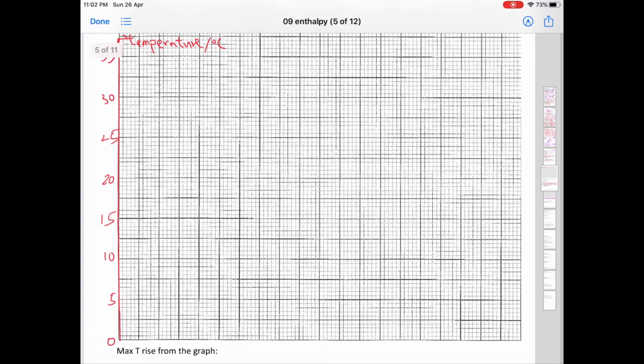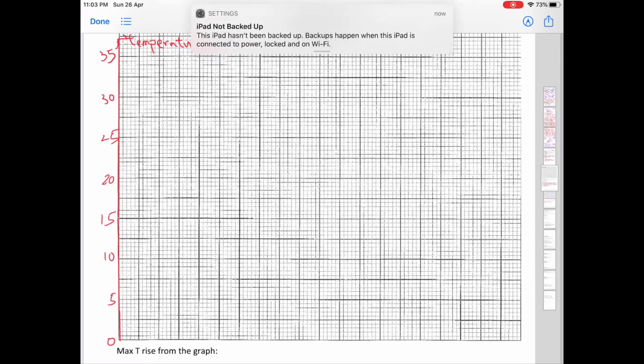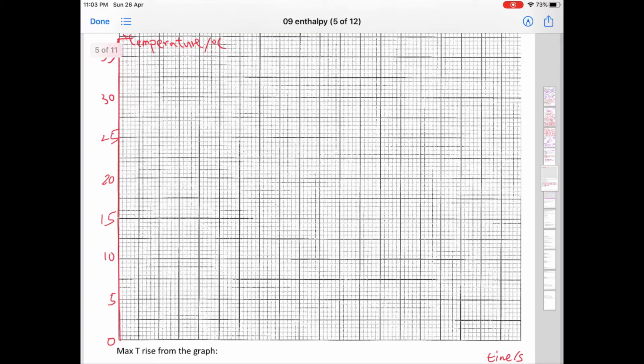Similarly for the horizontal axis, we use time in seconds. Because the maximum reading is 600, each of the small squares can represent 6. So the first data point should be 30, 60, and then just the multiples of 30.